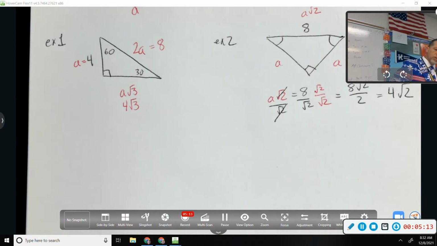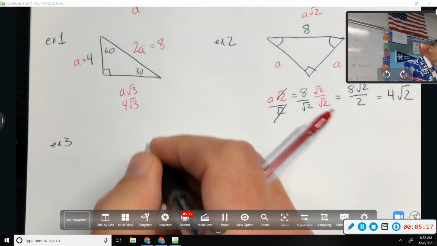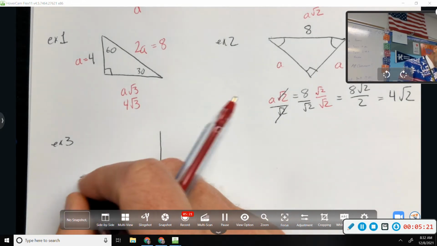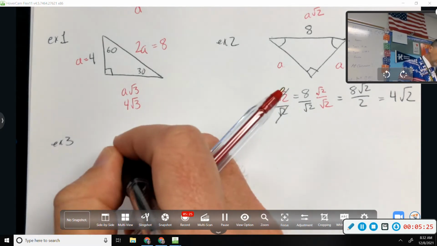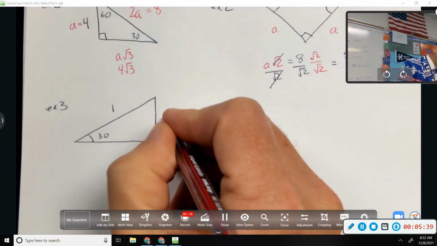2 more examples, and these are the most important examples today. So 30, 60, 90, where the hypotenuse is 1. So job 1, put the pattern on.